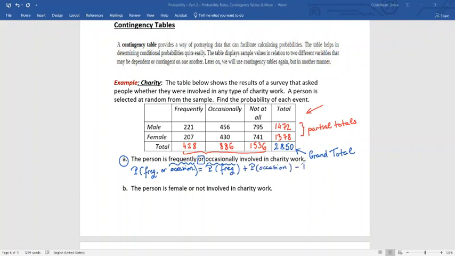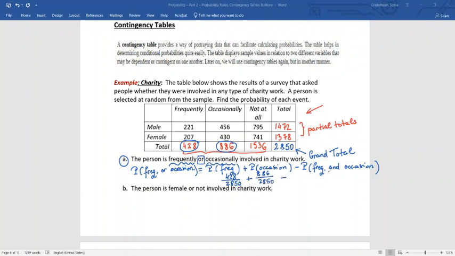And the general formula tells us to subtract the overlapping part if there is any overlapping part. So I'll simply write down the general form, and then inspect what's going on. Frequently, I have this partial total, which is 428, out of the grand total. Occasionally, I have this partial total, which is 886, out of the grand total.